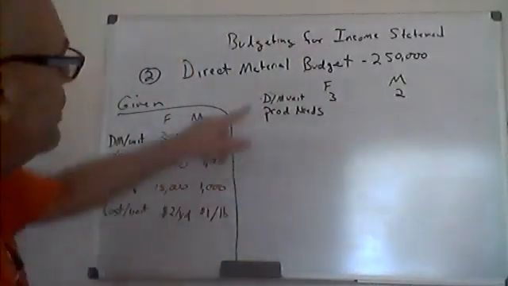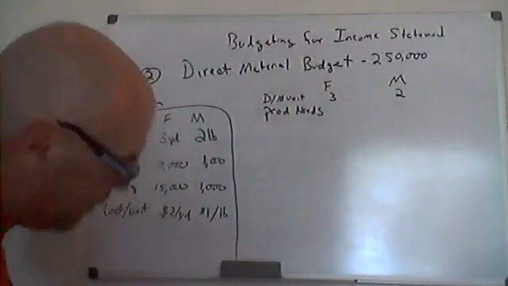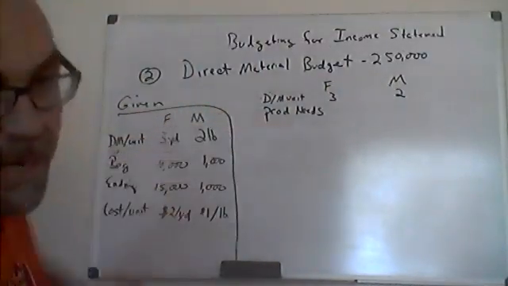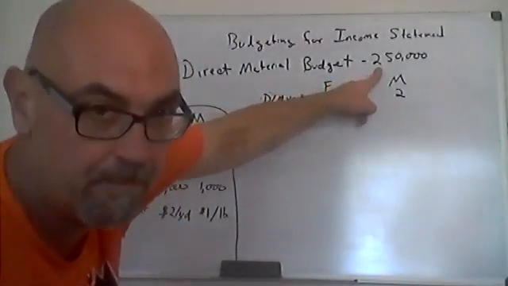I put the direct materials per unit up here because it is on the slide. This is slide number 16. That way it makes it a good flexible budget because we can put 250,000 in the cell.